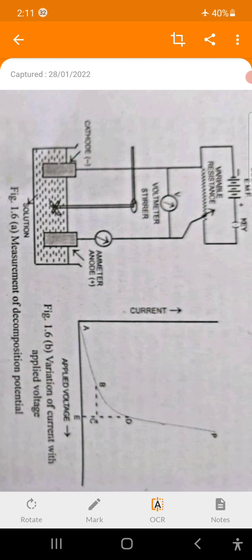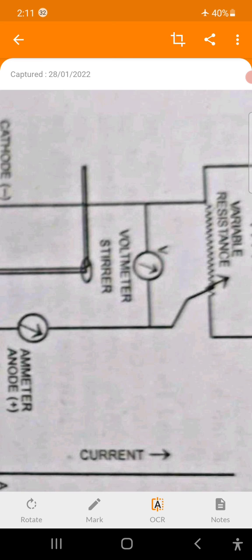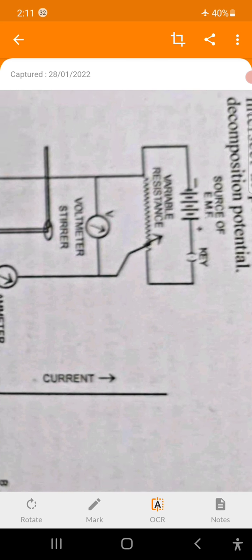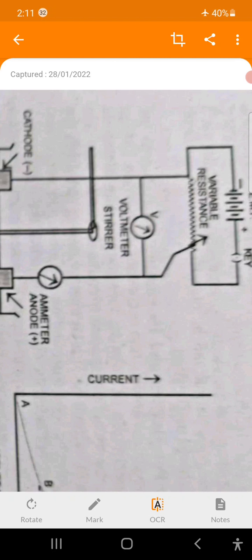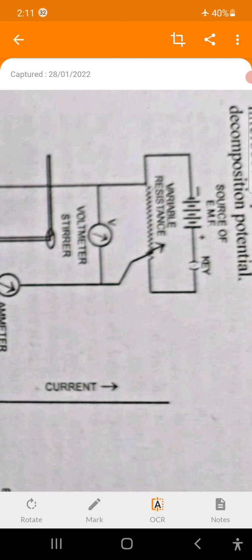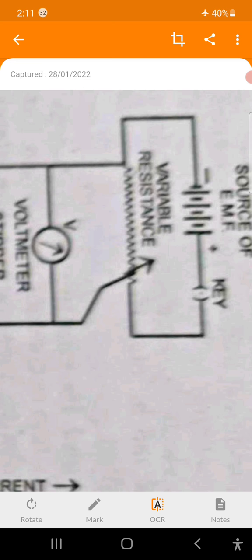Then initially a small voltage is applied and current is measured for each voltage. Voltage is slowly increased with the help of this rheostat, that is a variable resistance, the instrument which changes the resistance and therefore changes the voltage between these two electrodes.